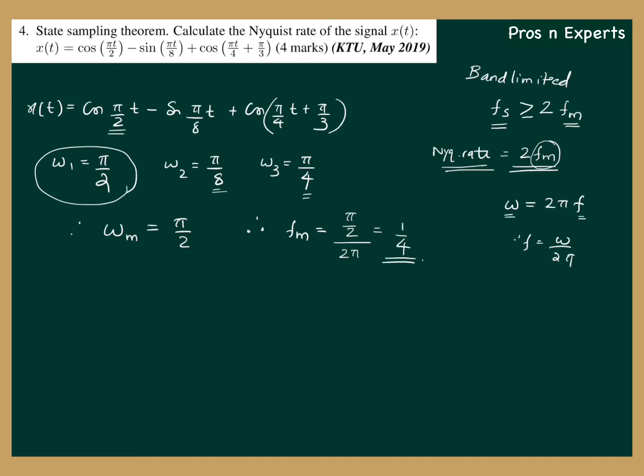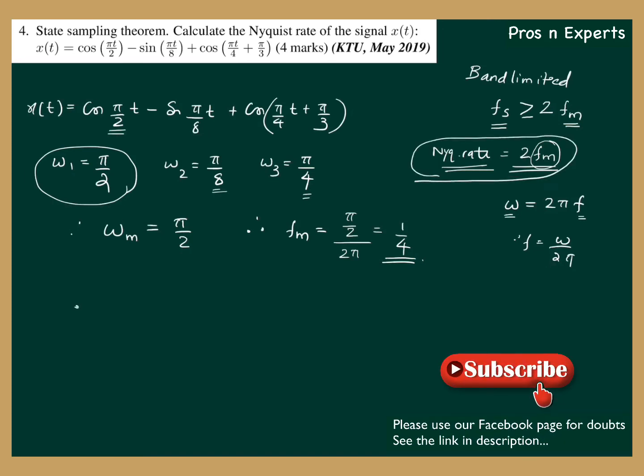So fm is equal to 1 by 4. What is the Nyquist rate? Nyquist rate is nothing but 2fm. Therefore the Nyquist rate fs is equal to 2 times fm, that is 2 by 4, which is 1 by 2 hertz. That's the final answer.